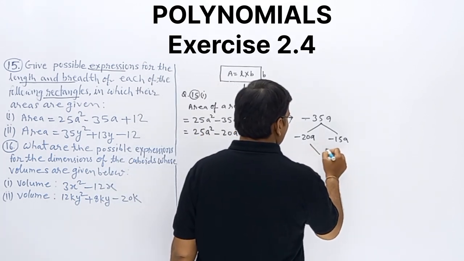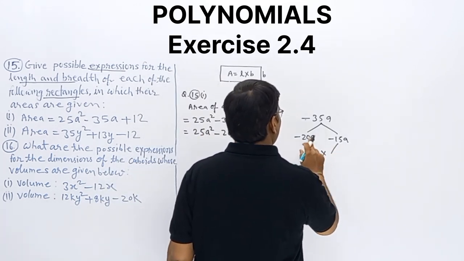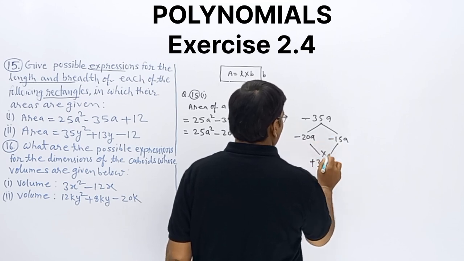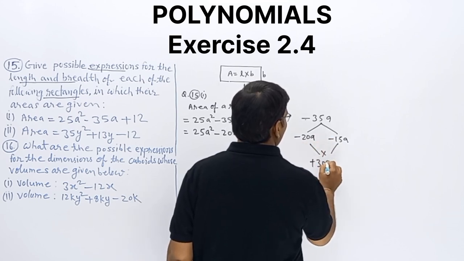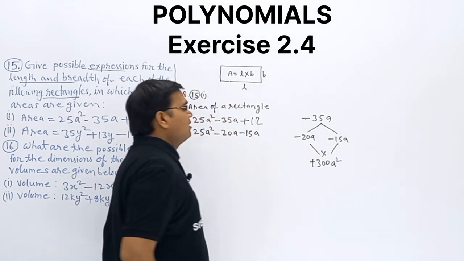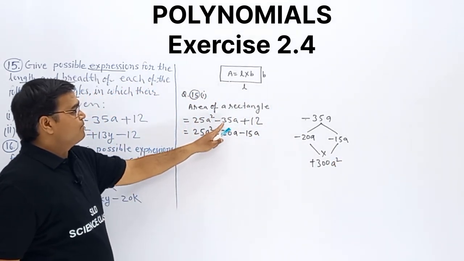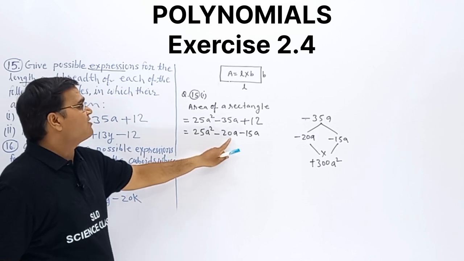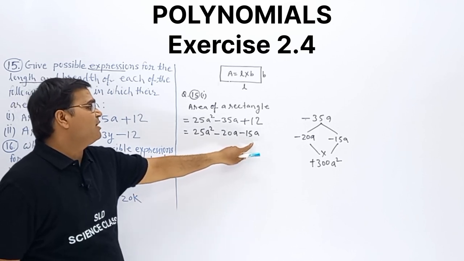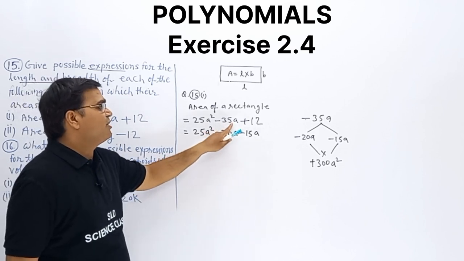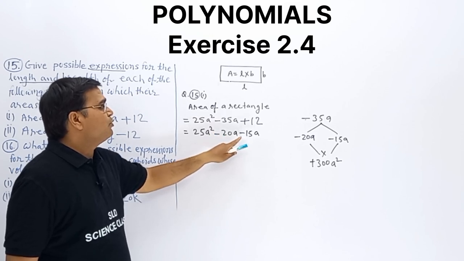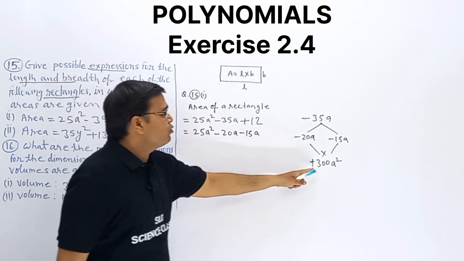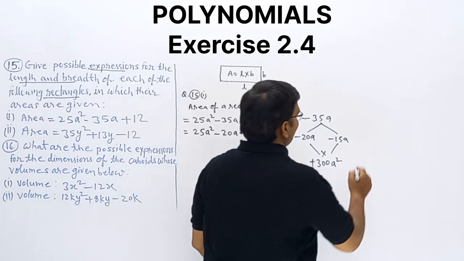Their sum is minus 35a and their product is plus 300a square.